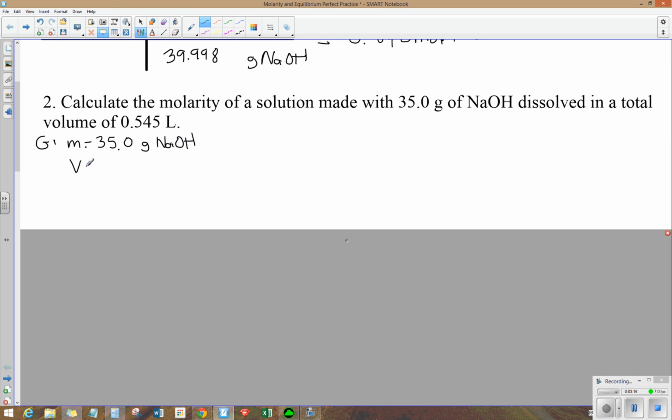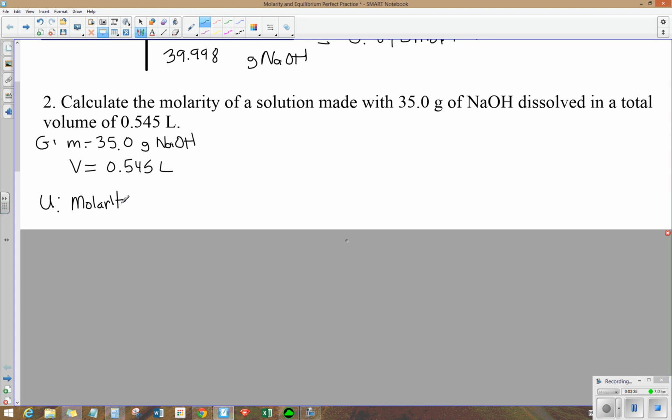And we're told that the volume is equal to 0.545 liters of solution. The problem is, for our unknown, we are looking for molarity.